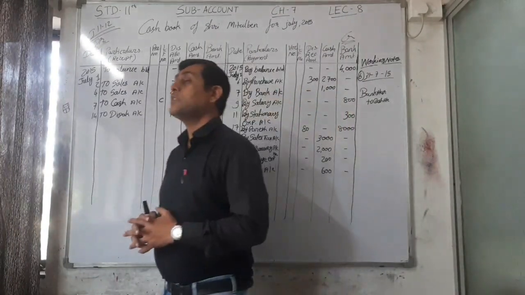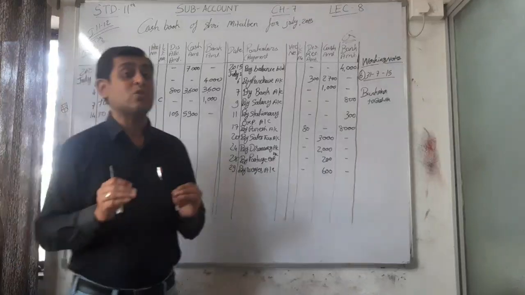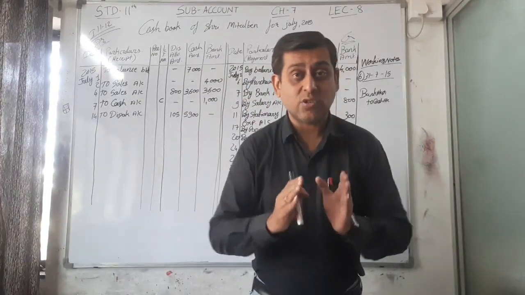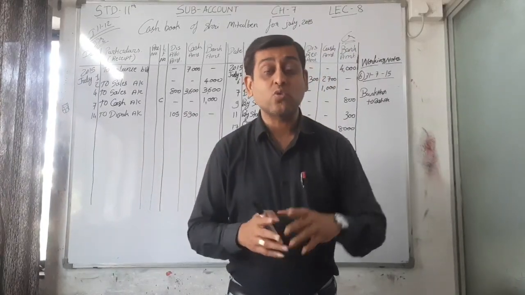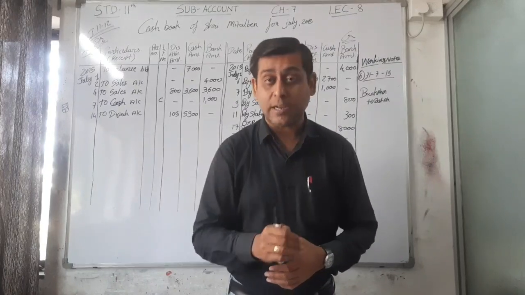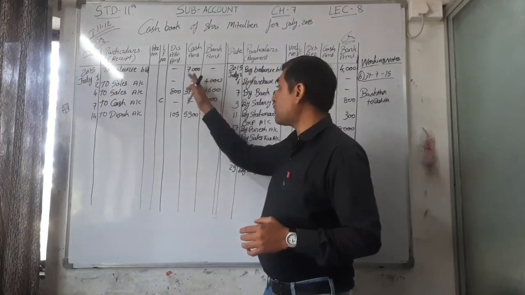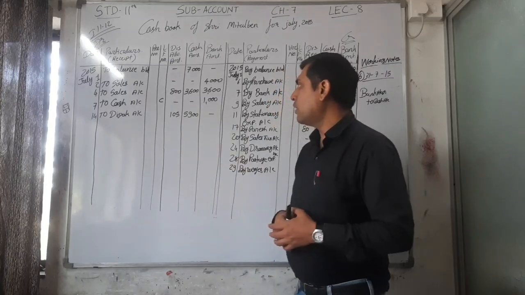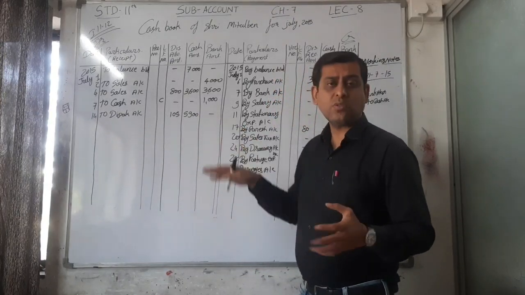Now see, after keeping rupees 2000 on hand, the remaining cash is deposited with the bank. So first we have to find out the remaining cash. In the cash column, 7000 plus 3000 plus 5000, almost 16 or 17,000 is the total.